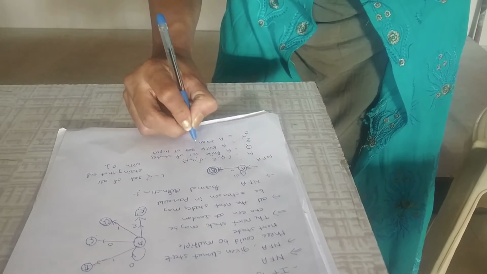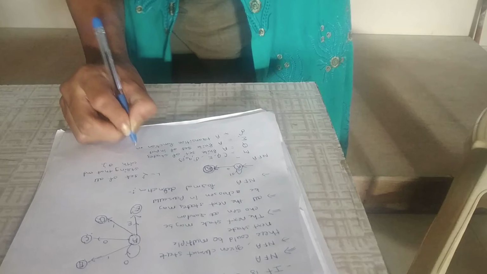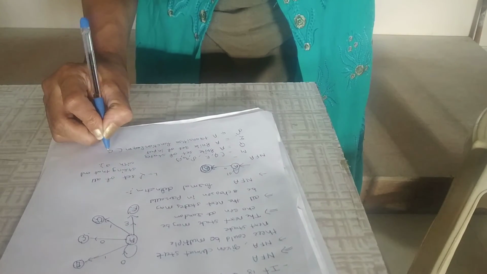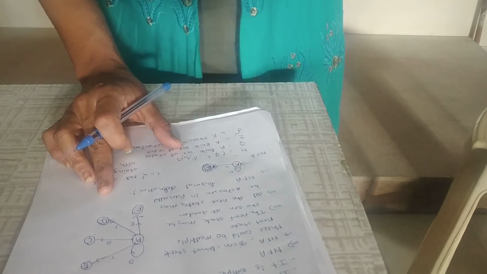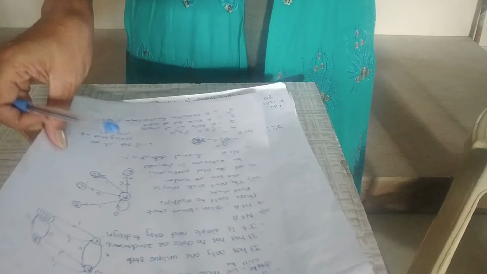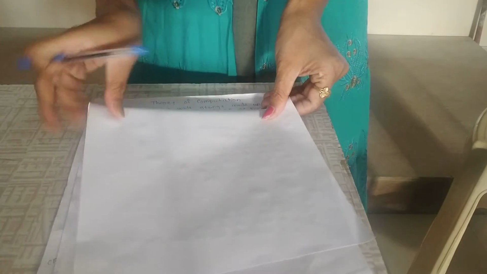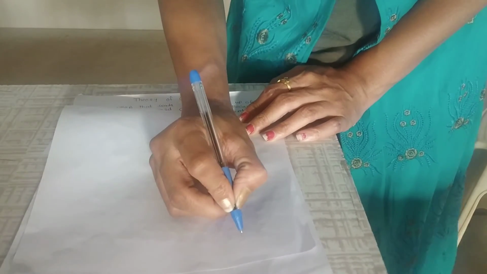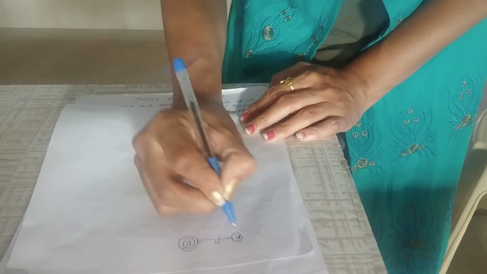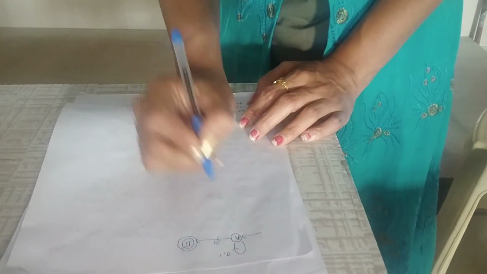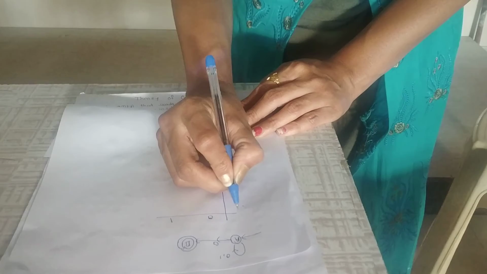A transition function from Q into sigma. Now, how do we write this example in a simple way? Let's draw the state table, with 0 and 1 and your states.